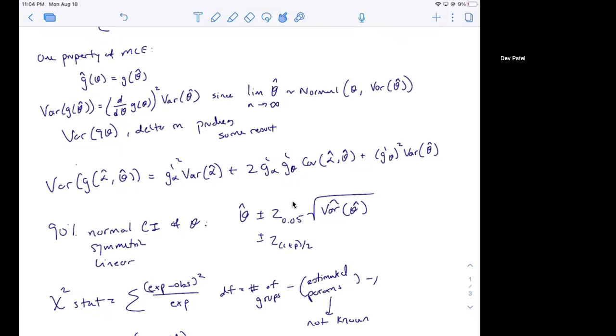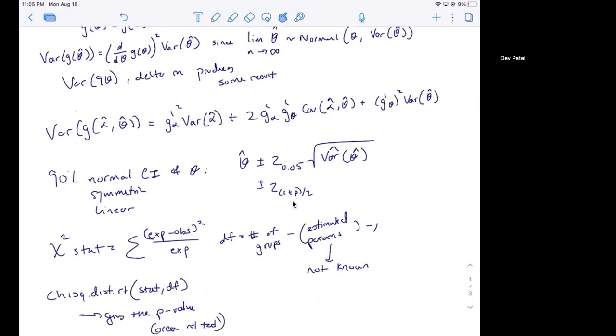It's 81 times the variance of theta. You're doing the same thing as a delta approximation, the only thing is it's a constant, so you're able to factor out the constant. And this applies to the two-parameter case as well through this formula here.